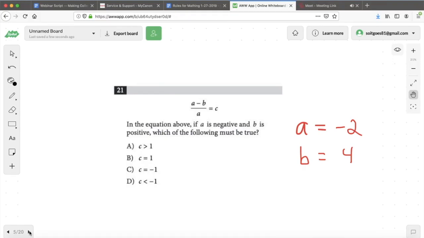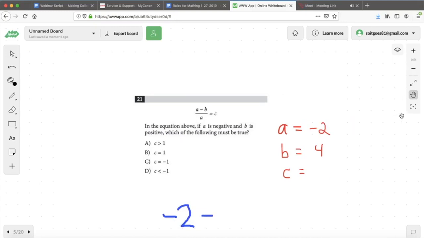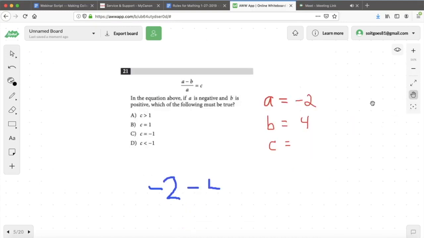All right. So if A is -2 and B is +4, what is that statement? What is C going to be? Right. And why don't you plug it in? Let me see you plug it in to the expression. You good?